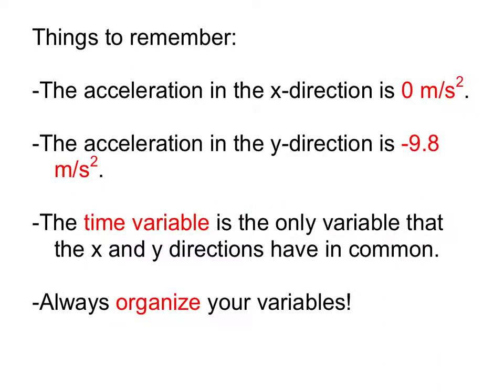Otherwise, all motion is independent in the x direction and in the y direction, so those two things don't have anything to do with each other as far as problem solving goes. And most importantly, when we list our variables down, we want to be very organized when doing so.